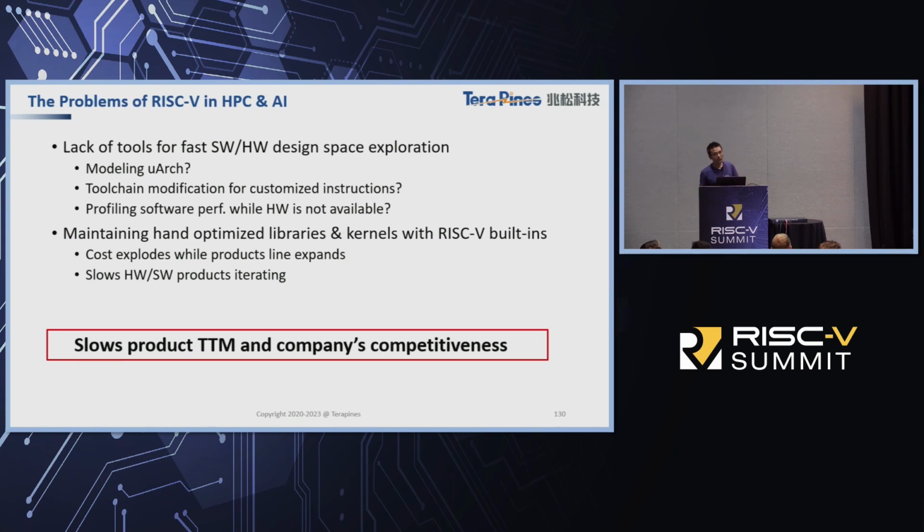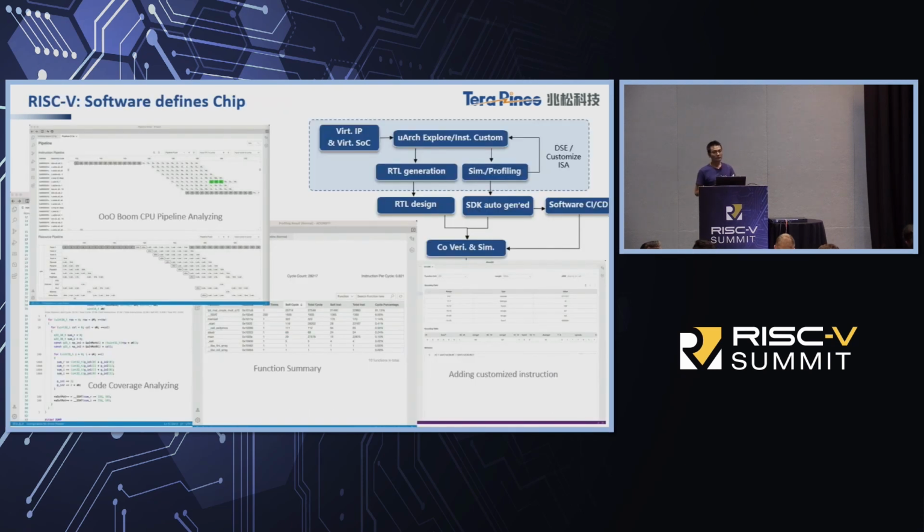Also, when maintaining libraries and kernels for various RISC-V based DSAs, how can we reduce the cost of maintaining them and reach their maximum performance?